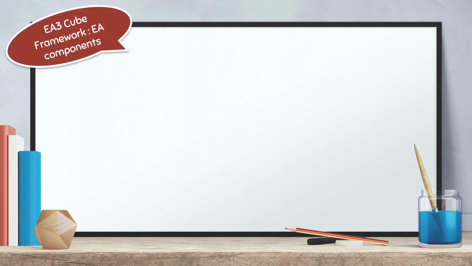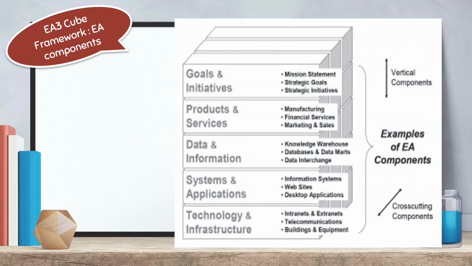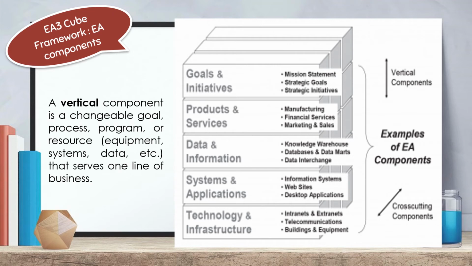So in the last video, we looked into the EA3 Cube framework. In the EA3 Cube framework, we also have EA components. So there are vertical and also cross-cutting components. Firstly, we look at the vertical component. A vertical component is a changeable goal, process, program, or resource, for example, equipment, systems, or data that serve one line of business.